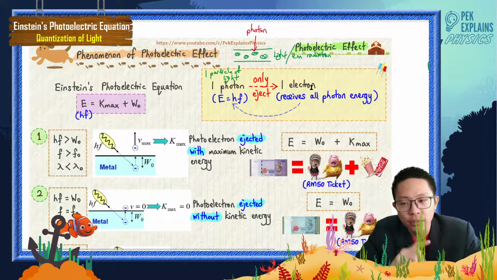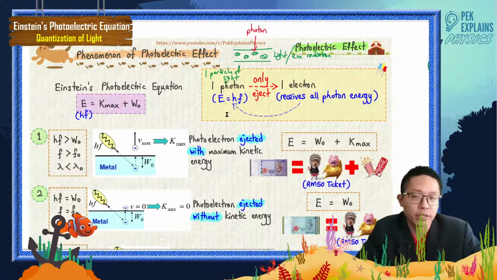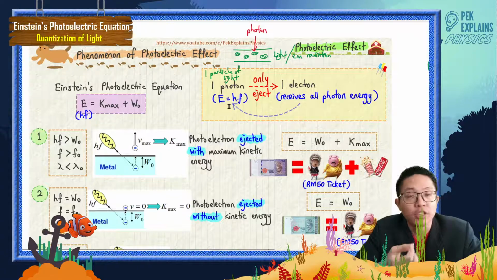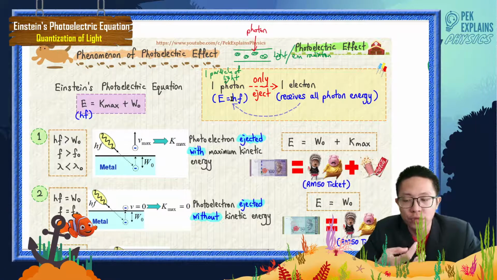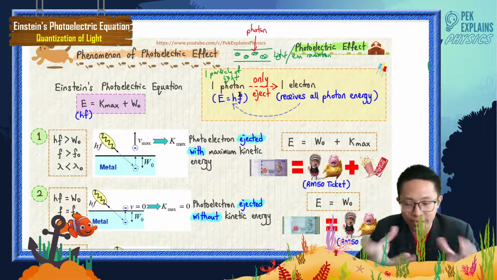The electron will receive all the photon energy. That means one photon has the energy of hf, and the electron will receive all the energy hf. The electron will absorb the whole energy from the photon, entirely.